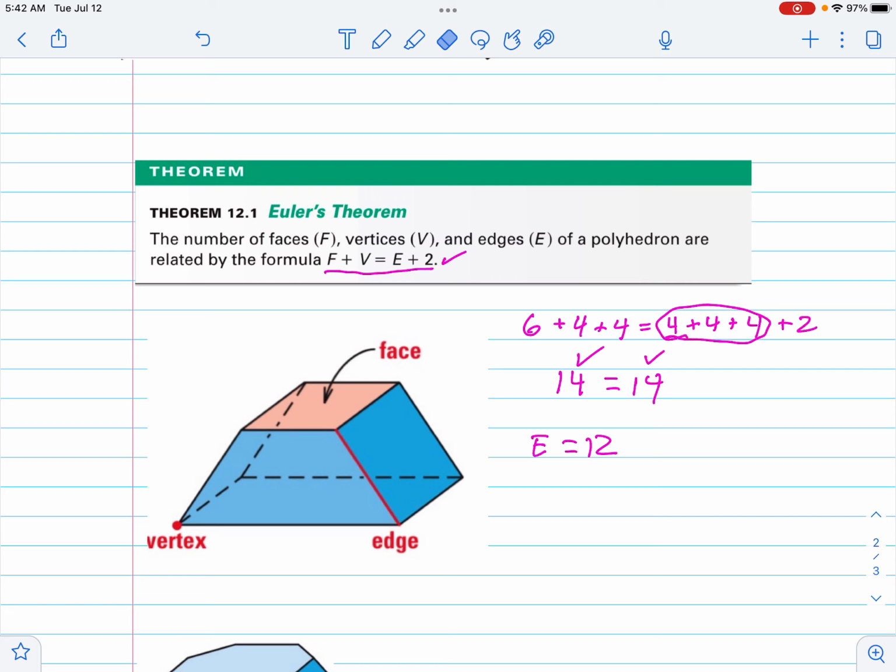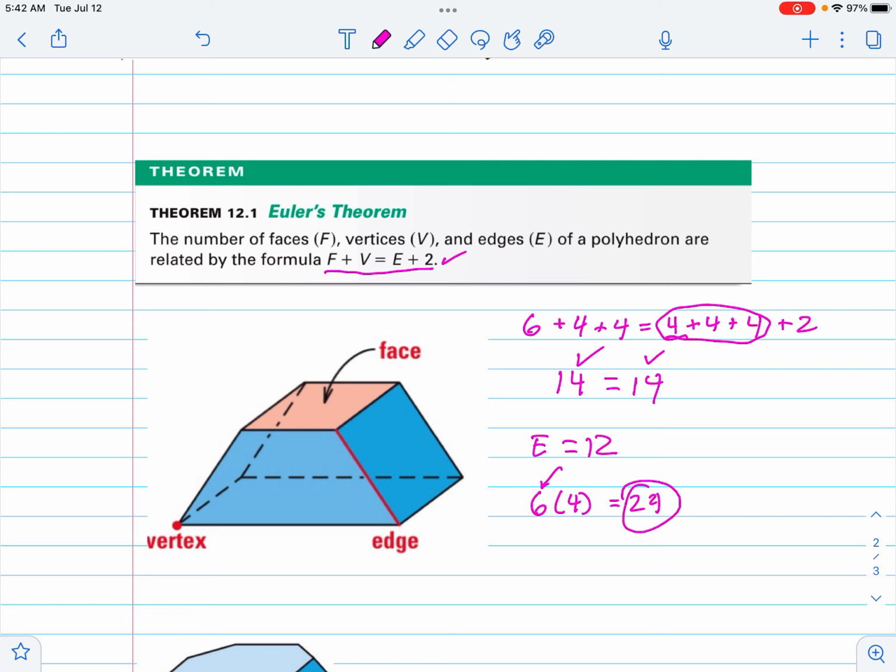And each of the quadrilaterals has 4 edges. Okay, now this is very important. So we have 6 times 4. This is the number of faces, and they're quadrilaterals, so each quadrilateral has 4 edges. That's 24.